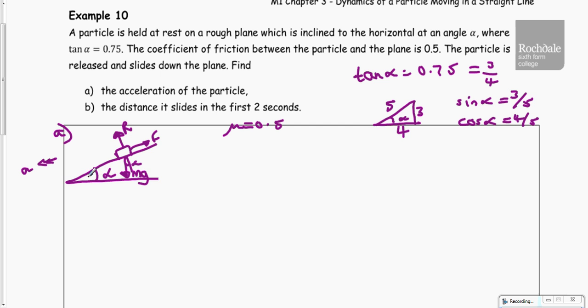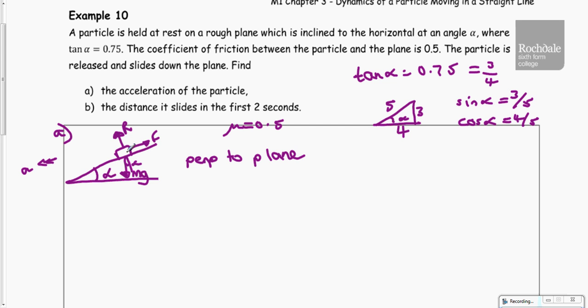So if this was 40, the one at the top here would be 50, and then because we have another right angle, if that was 50, this would be 40. So you can always work out that this angle here is the same as the one at the bottom. So rather than resolving vertically and horizontally, we're going to resolve, first of all, perpendicular to the plane.